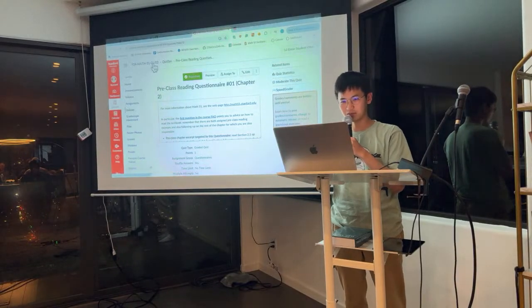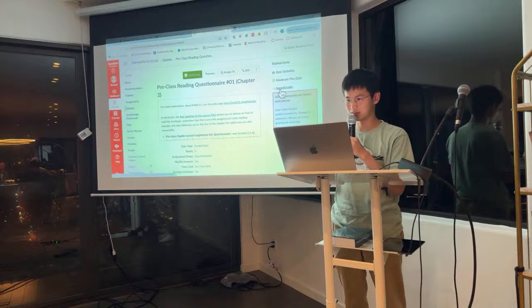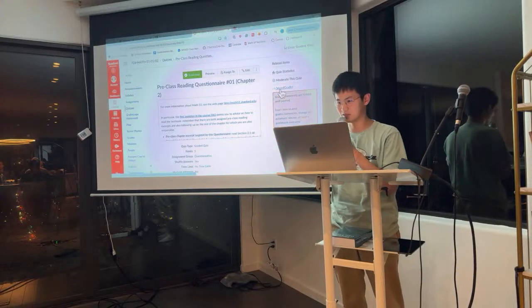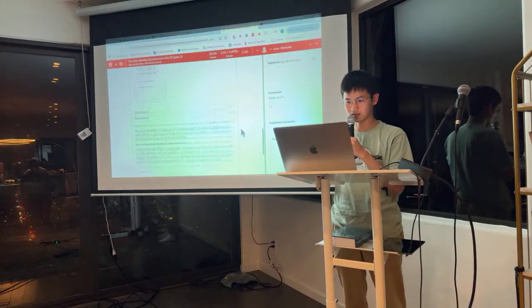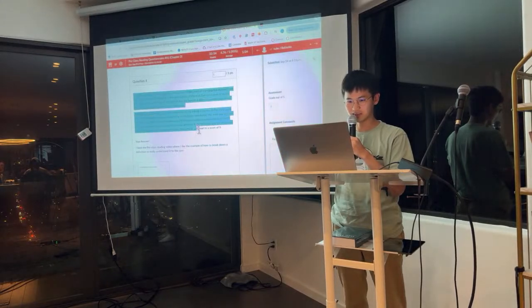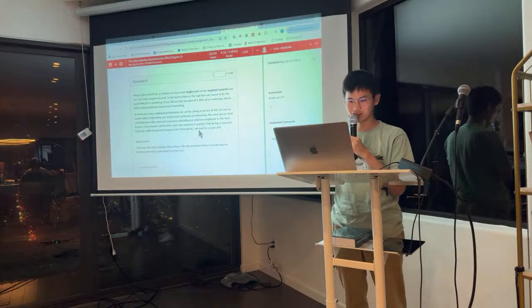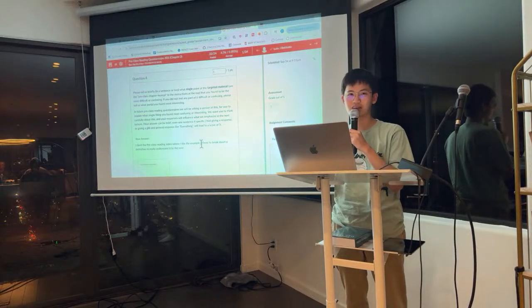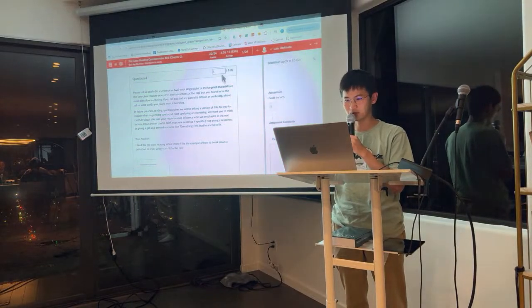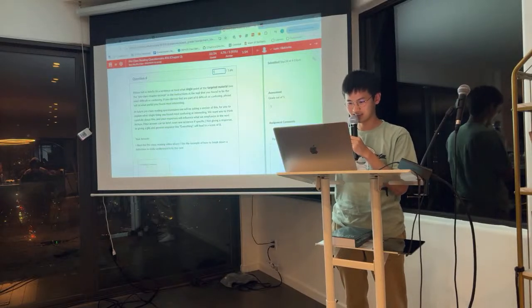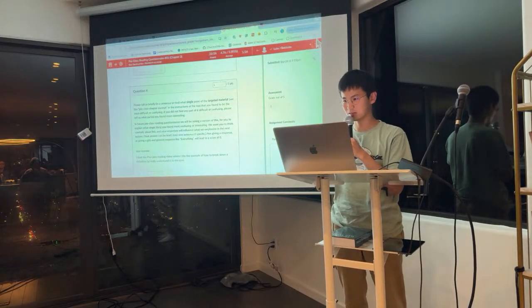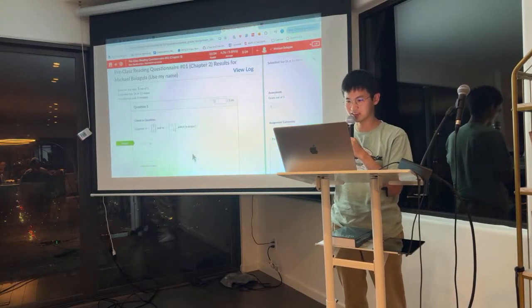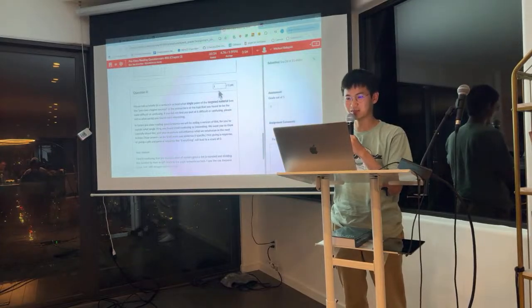The story is we use Canvas to teach courses at Stanford, and every week we are asked to grade these problems, and the instructions are basically to give full points to every answer. We have to input it manually like this, wait for it to load, and then press next manually to go to the next submission.